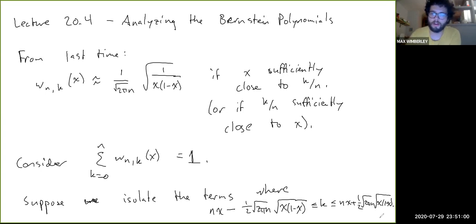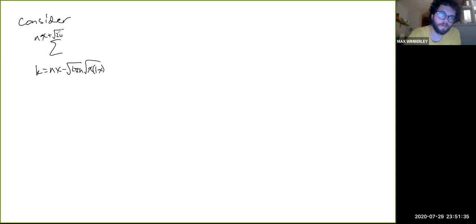Let me go to a new page here. Consider the sum where k goes from nx minus square root of 2 pi n square root of x(1 minus x) to nx plus square root of 2 pi n square root of x(1 minus x) of W_{n,k}(x).